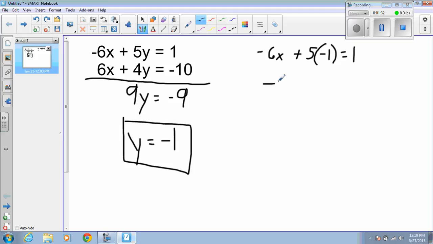So we got negative 6x minus 5 equals 1. Add 5 to both sides, you have negative 6x equals 6. Divide both sides by negative 6, and you'll see that x is also negative 1.